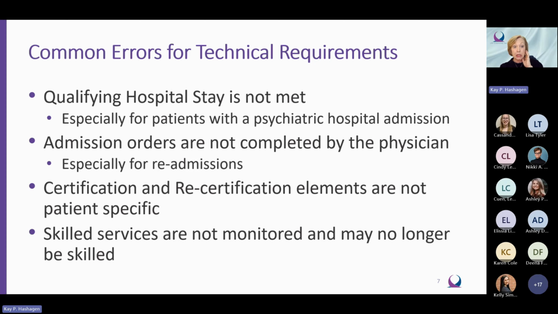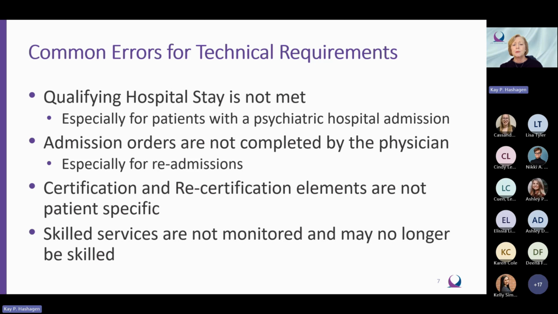So the first thing is that you have to have a qualifying hospital stay, and we often see that if there are patients who have had a psychiatric hospital admission, they might not meet the criteria. So that is important, if you have that type of patient population, to review the requirements that are clearly outlined in the Medicare Benefit Policy Manual, Chapter 8.